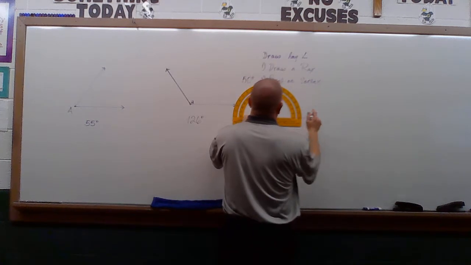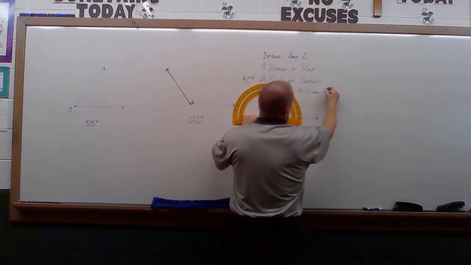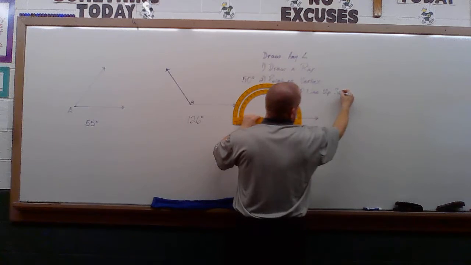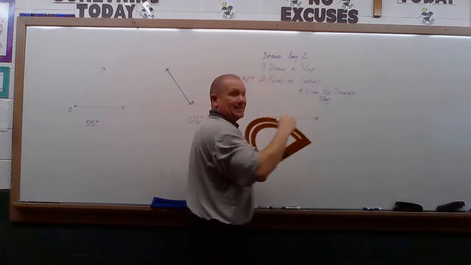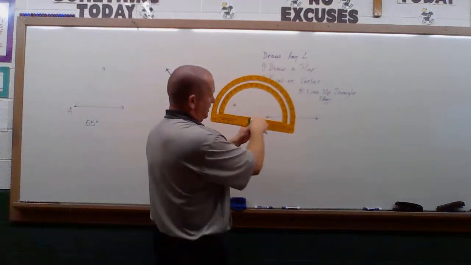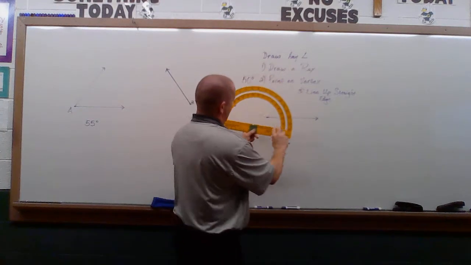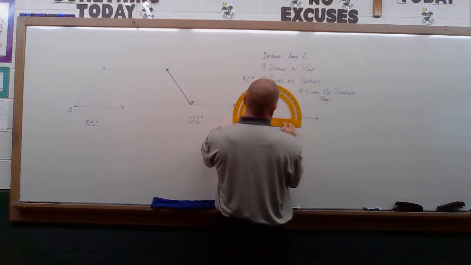Number 3, we want to make sure that we line up the straight edge. Some of you didn't have an edge, you had a black line on yours, right? And on yours. So you're taking that line or that black line and you're making sure that it's lined up with the arm that's on there.